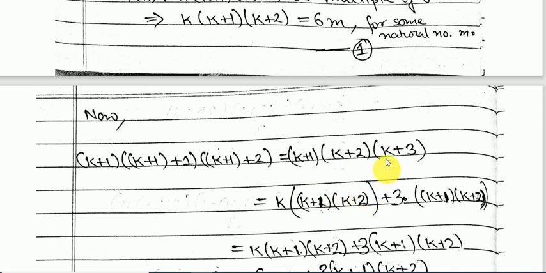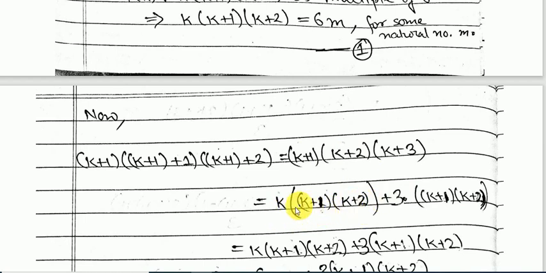Then this whole thing can multiply to this 3. Here a plus sign is there, so that's why the plus sign. Then 3 times this whole thing. Done. Now you can see that you got this term over here: k times (k plus 1) into (k plus 2). But this is equal to what?